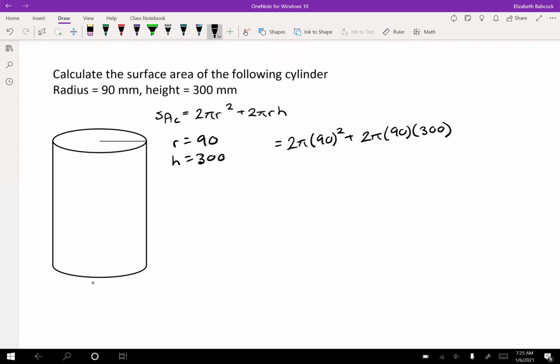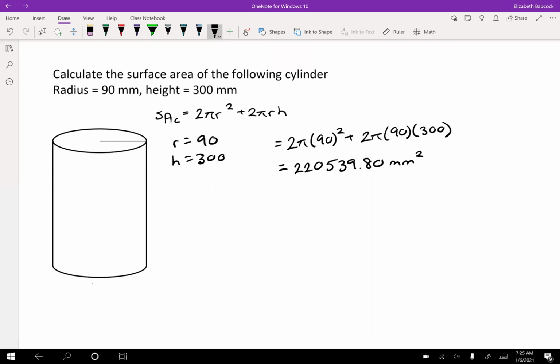Remember, pi is just a button on your calculator that you use now. Okay, so then once we calculate it all out, we end up with 220,539.80. Keep our units, and they are now squared.